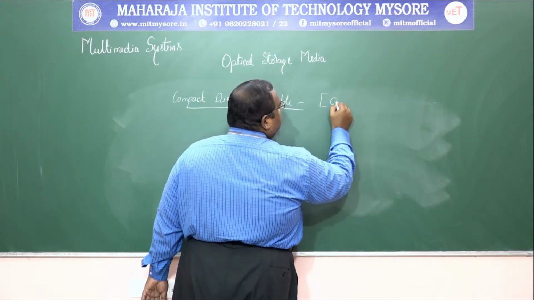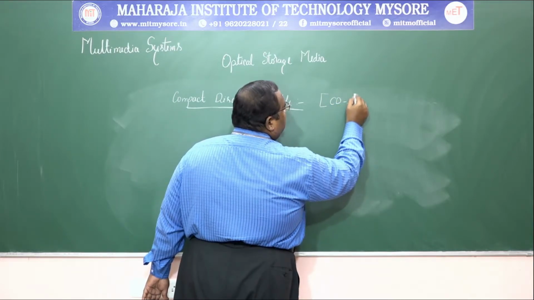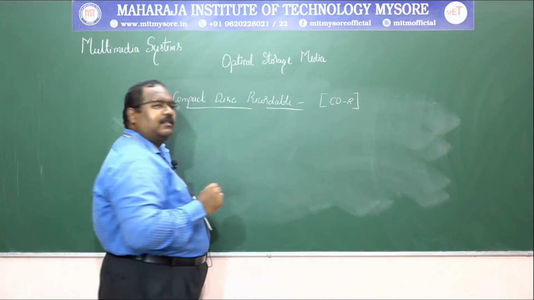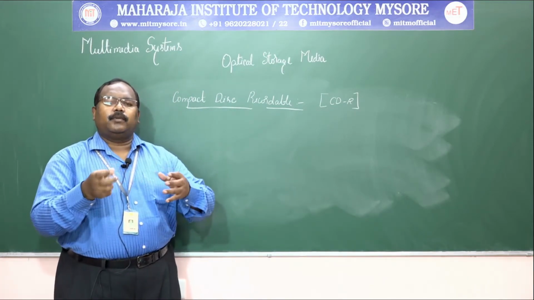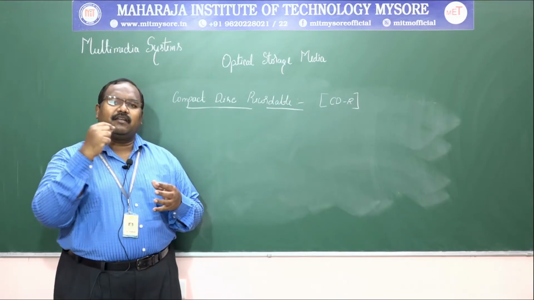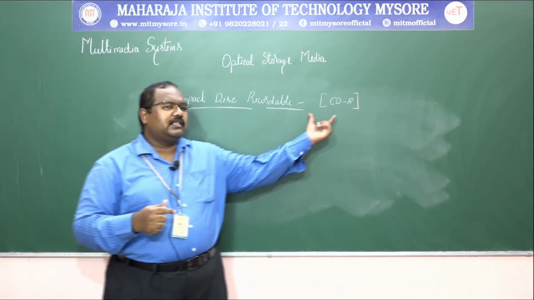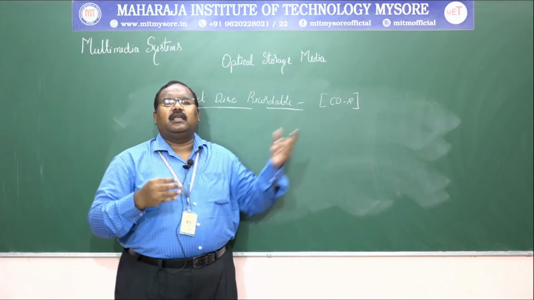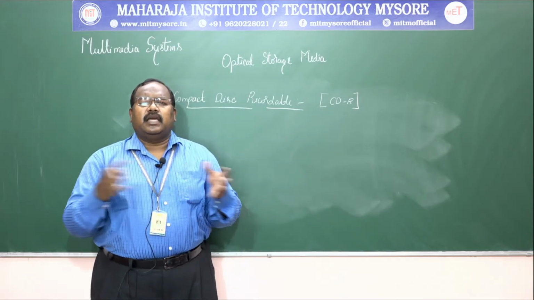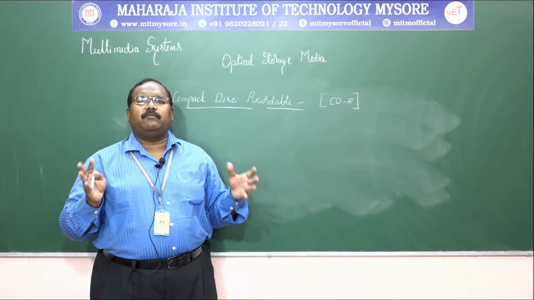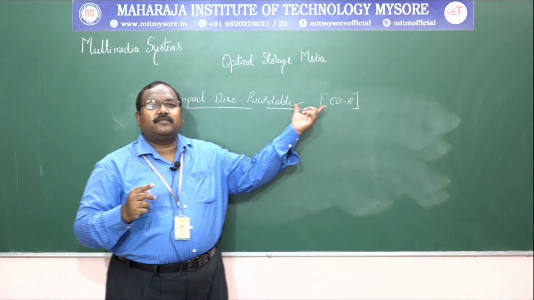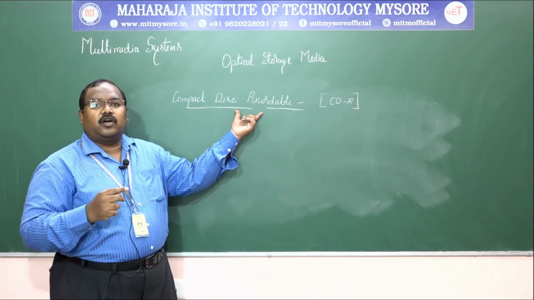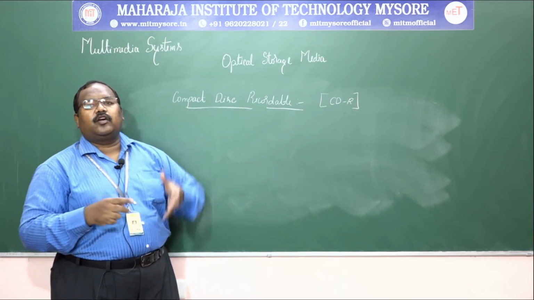We call this CDR. If you go to any shop and ask for a CD on which we can write data, you might have seen this. The brand name would be different, like Sony, Samsung, HP, but on it they have written CDR. What does R stand for? R stands for recordable, that is, compact disc recordable.